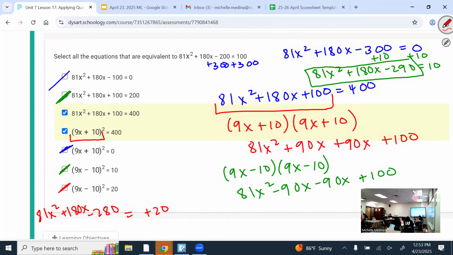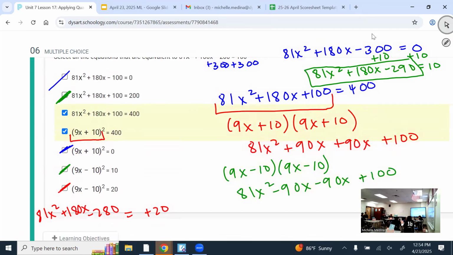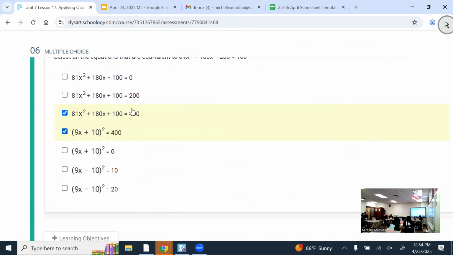So let me see if that's right on the key. And that is right. So that's how you do it algebraically. What you probably could do also is set every single one of them equal to 0 and then see which ones give you the same graph.